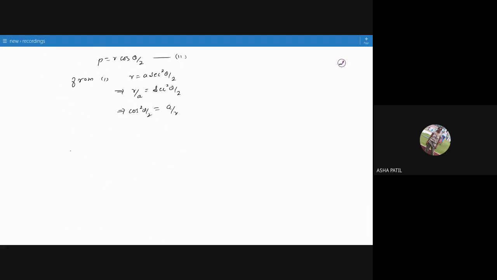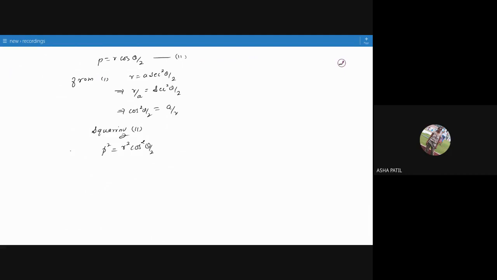To avoid this root, let us square equation 2. Squaring equation 2, we have p square is equal to r square cos square theta by 2.